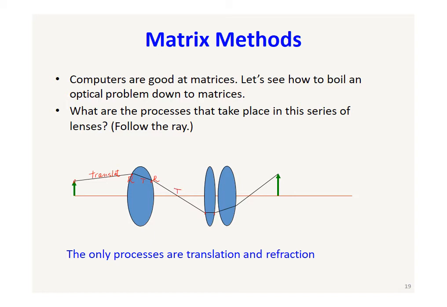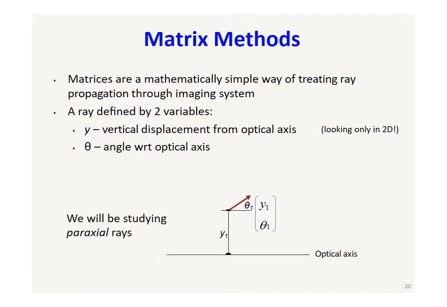At every interface, of course, we have another refraction event, and in between those refraction events, we have simply translation taking place. So the repetitive manner by which the light goes through these transfer and refraction processes is something that we can mathematically do using matrix operators.